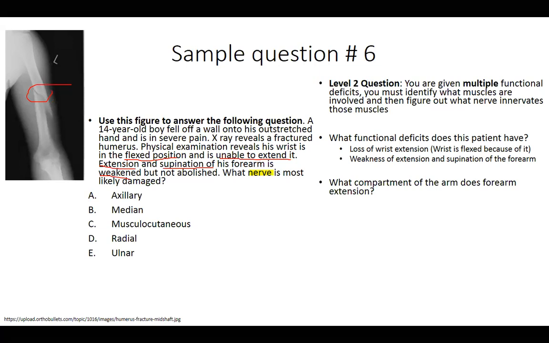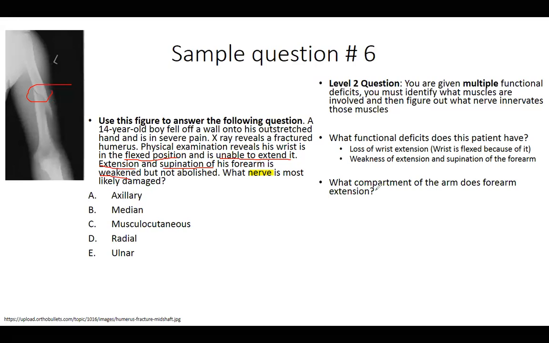So if you recall, you have the anterior and posterior compartment of the arm. The anterior compartment does flexion of the forearm, and of course a little bit of supination of the forearm. And then you go even further, like with coracobrachialis, it does adduction of the arm and flexion of the arm.